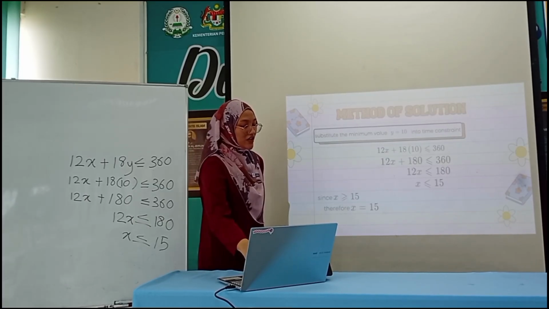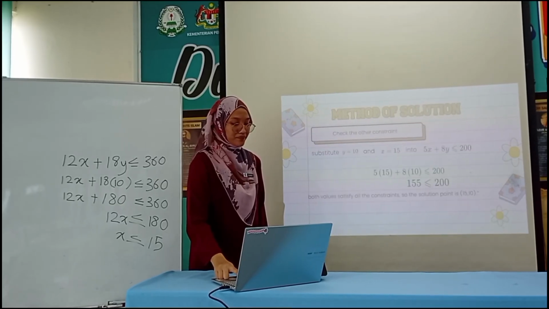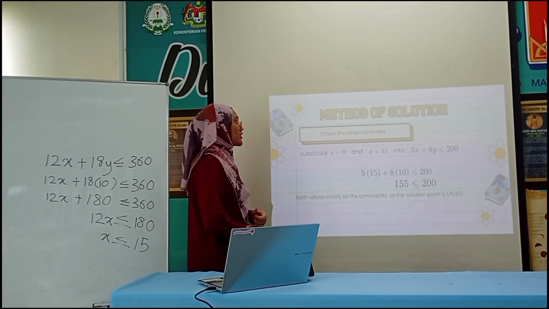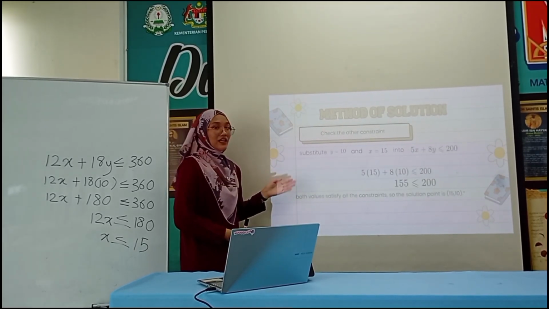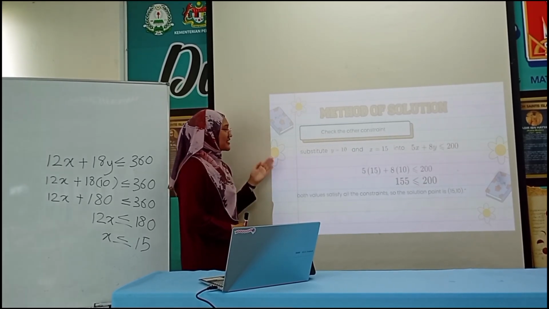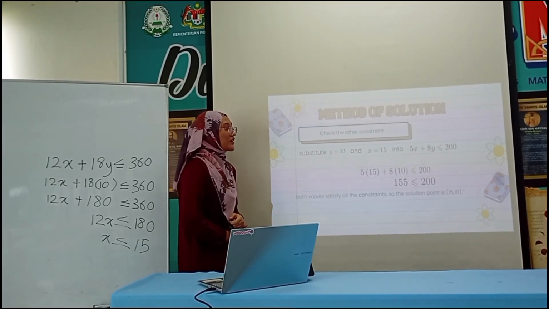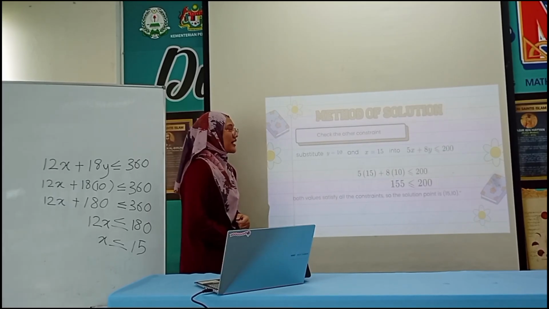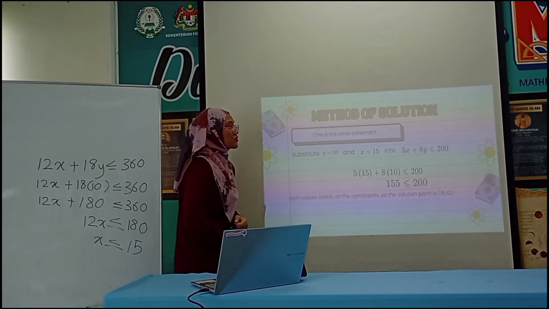Next we move to step 3. Check the other constraint. We have to substitute the values that we found. So substitute y equals 10 and x equals 15 into 5x plus 8y less than or equal to 200.